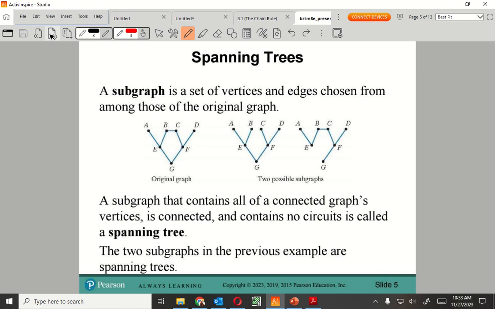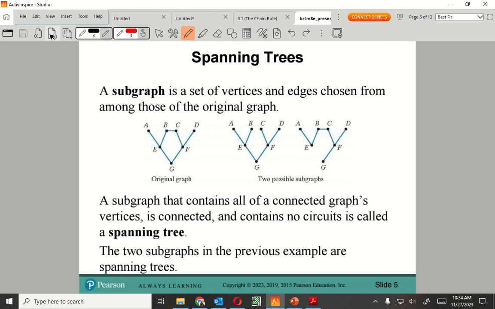Now for the subgraph, we're not going to be using all of them, so we're going to start taking out parts of it. A subgraph that contains all of the connected graph's vertices, meaning all the points are still there, and contains no circuits is called a spanning tree. The 2 subgraphs of the previous example are spanning trees.